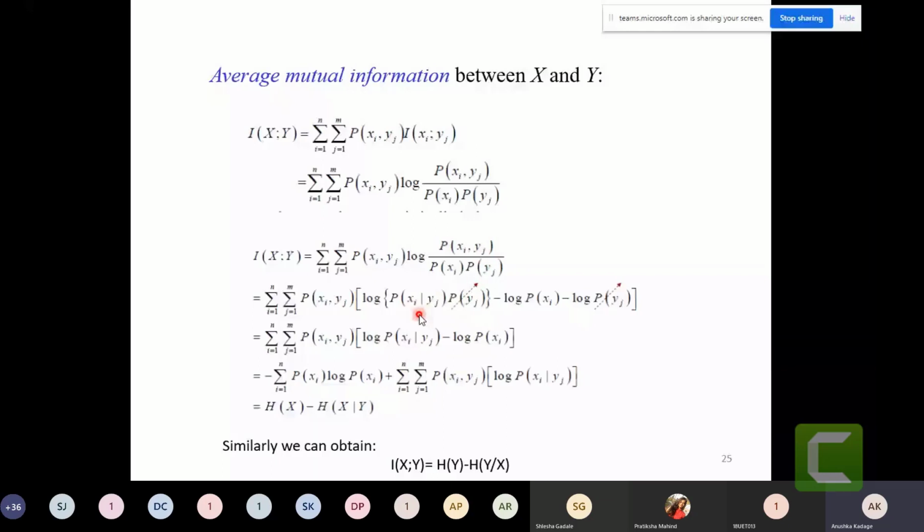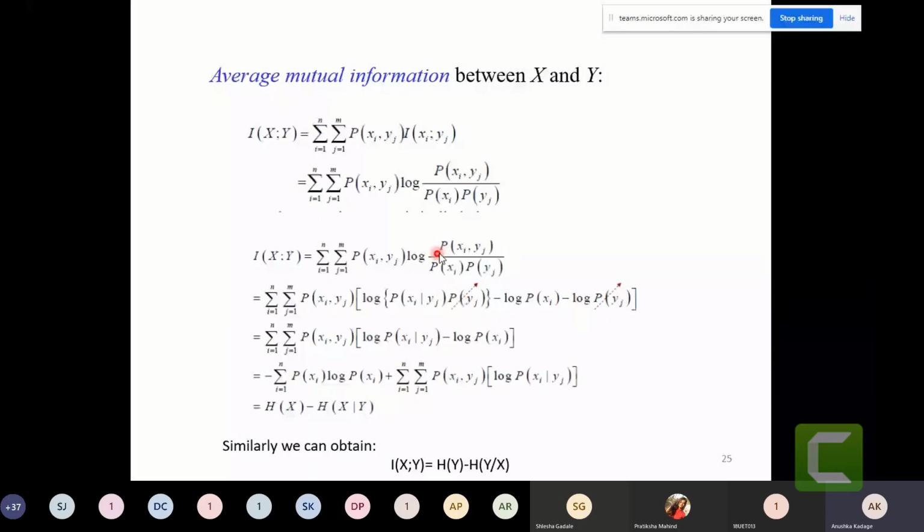In the denominator I have P of xi, log is taken for that P of xi, but since it is in the denominator, a minus sign is associated with it. Similarly, for P of yj, it is in the denominator, so a log term is associated with it with a minus sign. And this P of xi yj, which was the joint probability, we have replaced with the multiplication of the conditional probability with the marginal probability, and again the log term is associated with it.